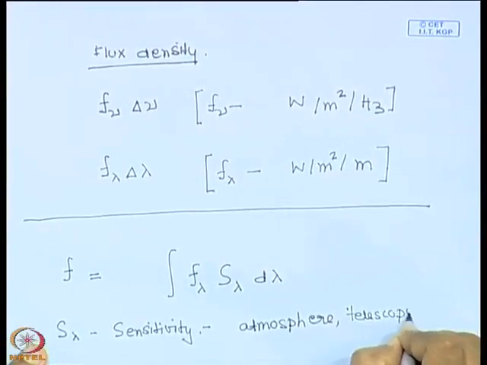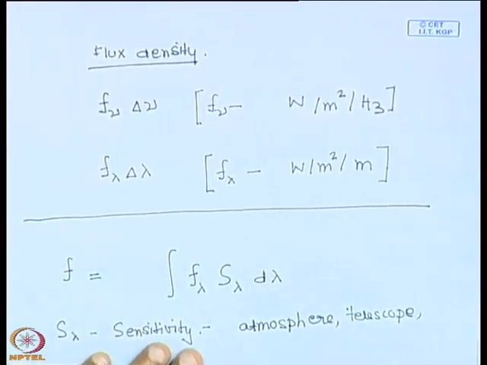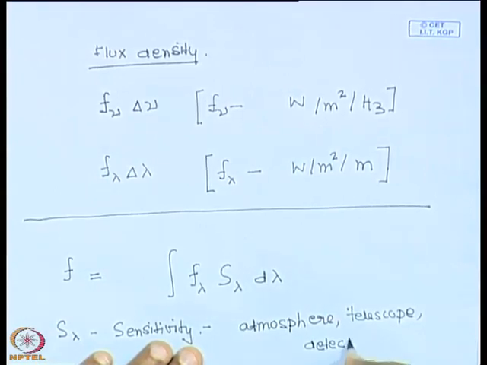The telescope may not respond equally to all wavelengths, so that is there in the sensitivity, and also the detector, the final instrument that measures the amount of radiation also may not have an equal wavelength response, and the flux that is measured finally is an integral of the flux density over the wavelength with the sensitivity, and the sensitivity incorporates all of these effects.